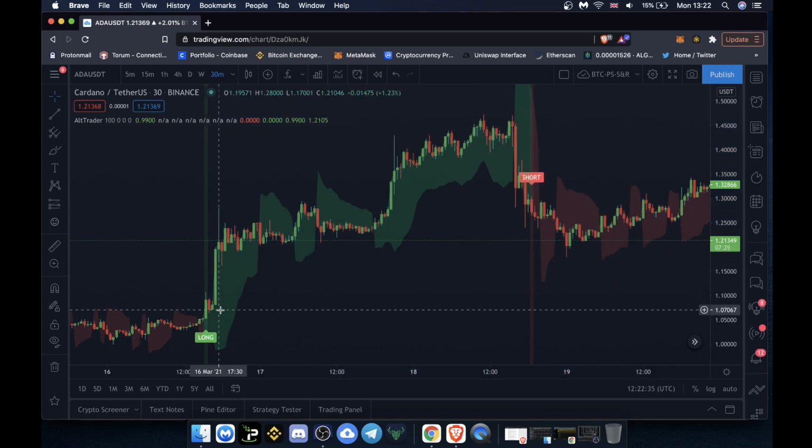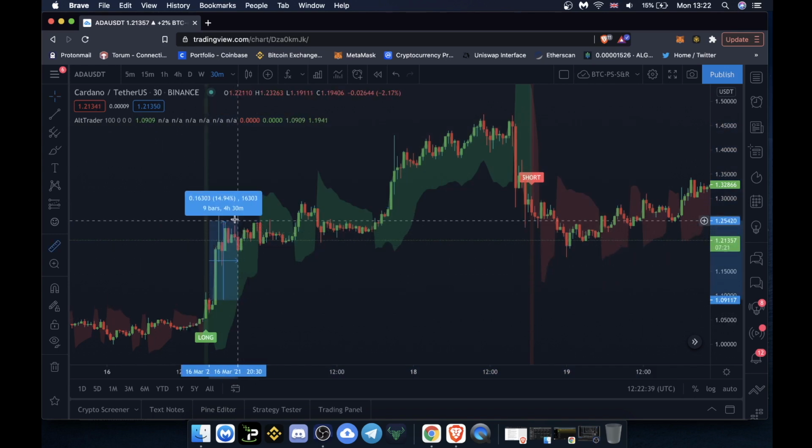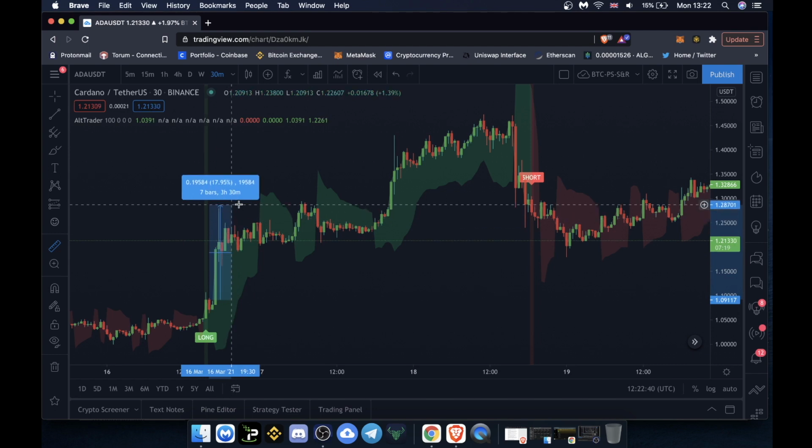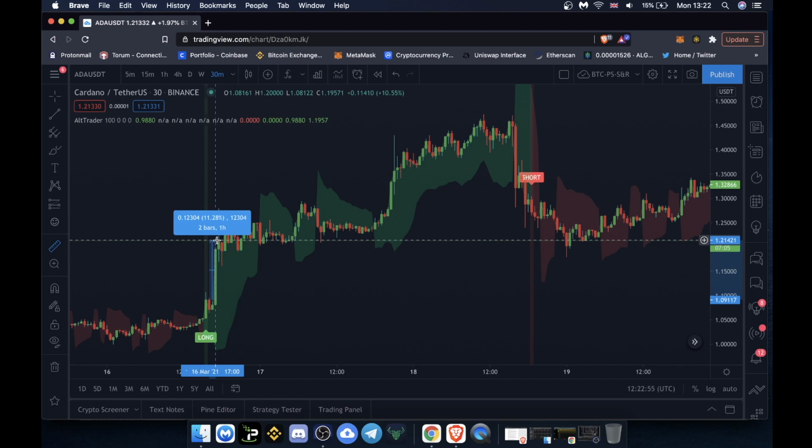So maybe you jumped in on a trade here, and this one particular bar or 2 bars was enough for you to take a profit, because that's 17% off that one trade in 5 hours. So you might have taken your profit there, or you moved your stop loss to here and you still made a profit of 9%.